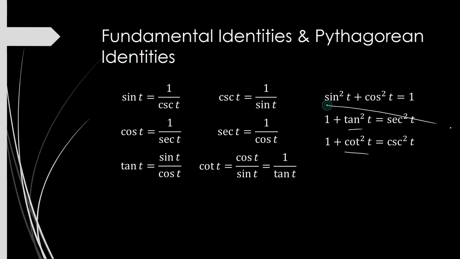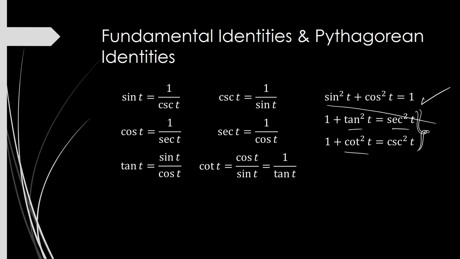It is easy to remember this one, and that one. But these two can be confusing. So what goes with tangent? Here secant goes with tangent. But when I was a student, maybe it was cosecant. So this pair of identities can be confusing.